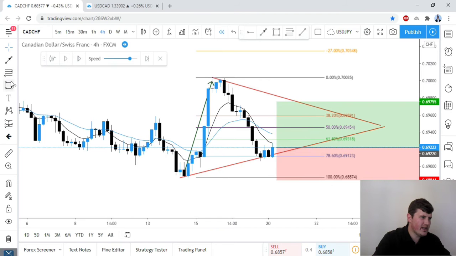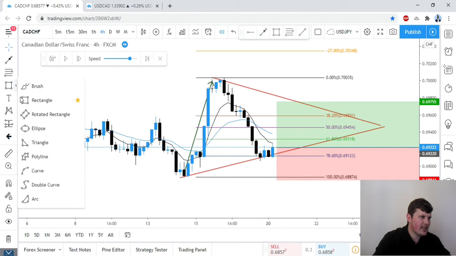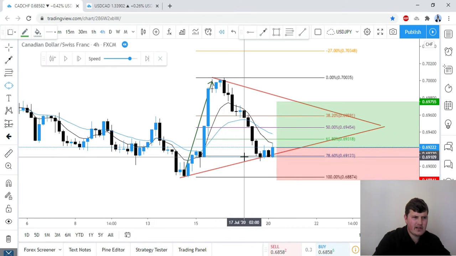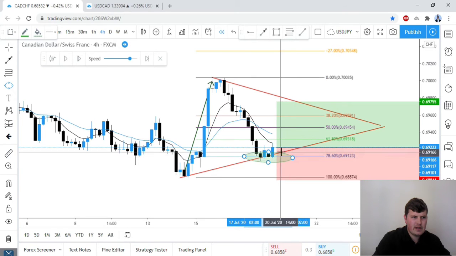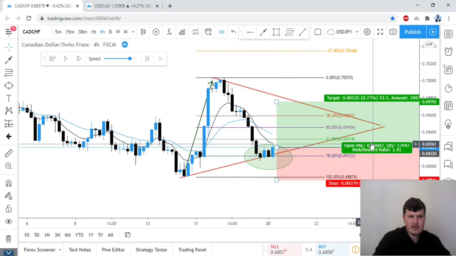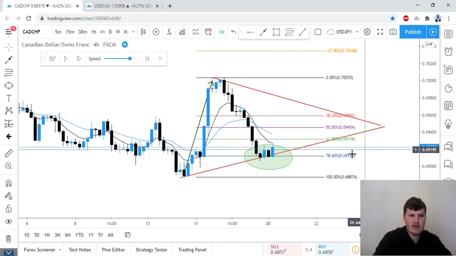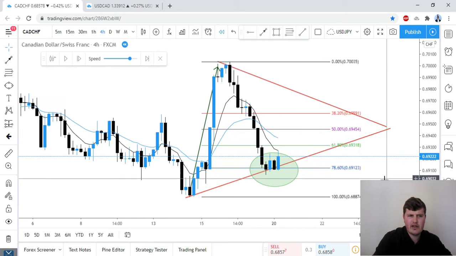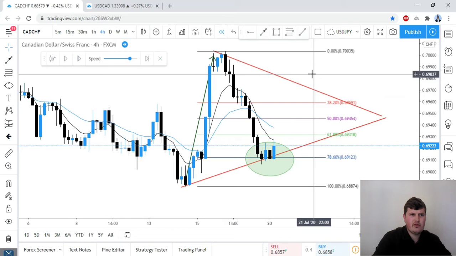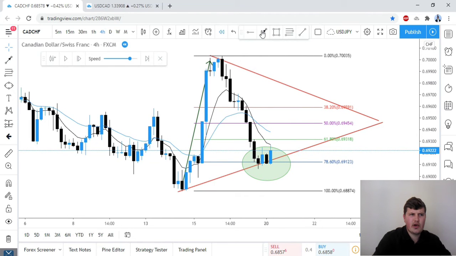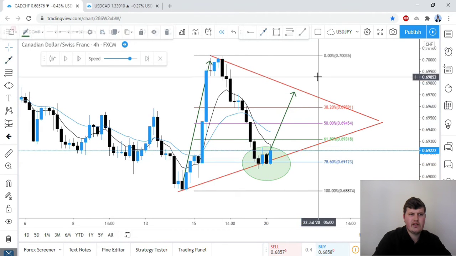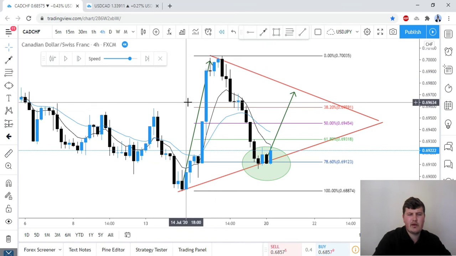So you can see how clearly price reacted to this 78.6 retracement level over here, and what we can expect now is for price to make a move higher to continue the previous uptrend move.